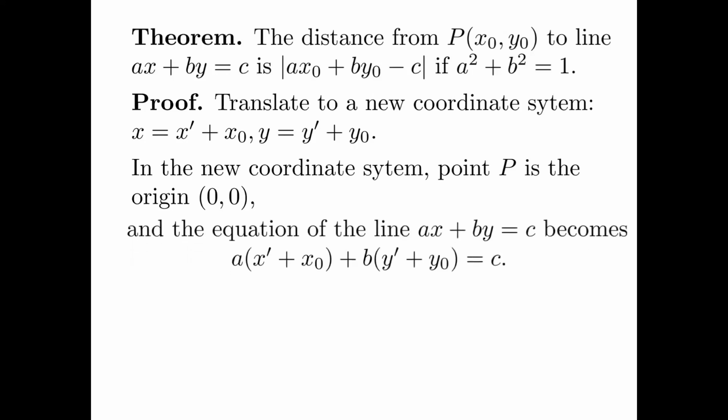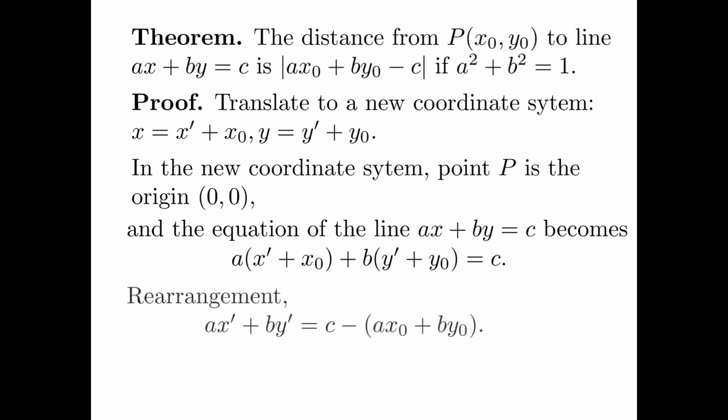In the new coordinate system, the equation of the line ax plus by equals c becomes a times (x prime plus x0) plus b times (y prime plus y0) equals c.